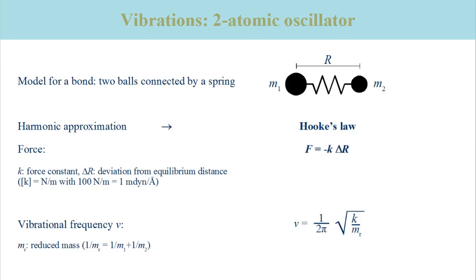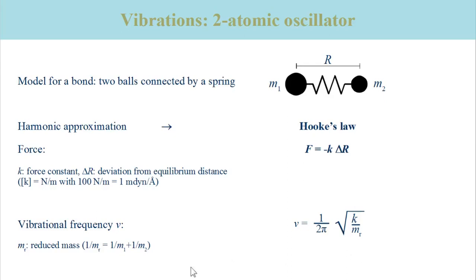Solving Newton's equation with this expression for force, we can calculate the vibrational frequency nu of the two-atomic oscillator. Nu equals 1 divided by 2 pi times the square root of force constant K divided by a quantity called reduced mass.